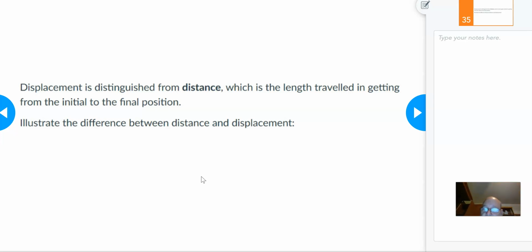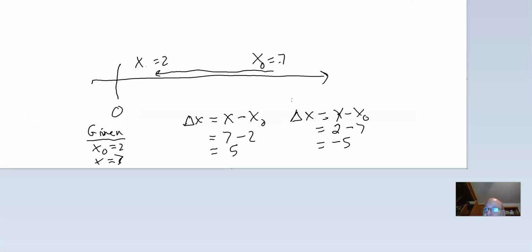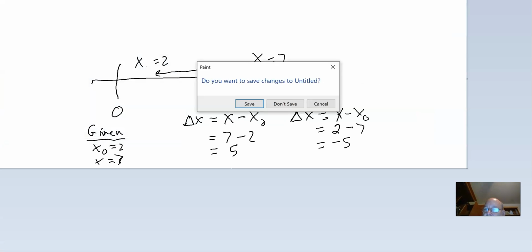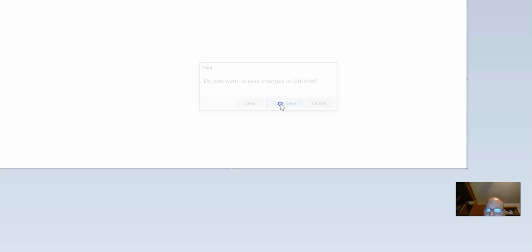So what I'm going to say here is that if my initial position was 2, oops, let me go back to the paint screen here and change this to a blank one. So let's say that my initial position is 2 and my final position is 7.